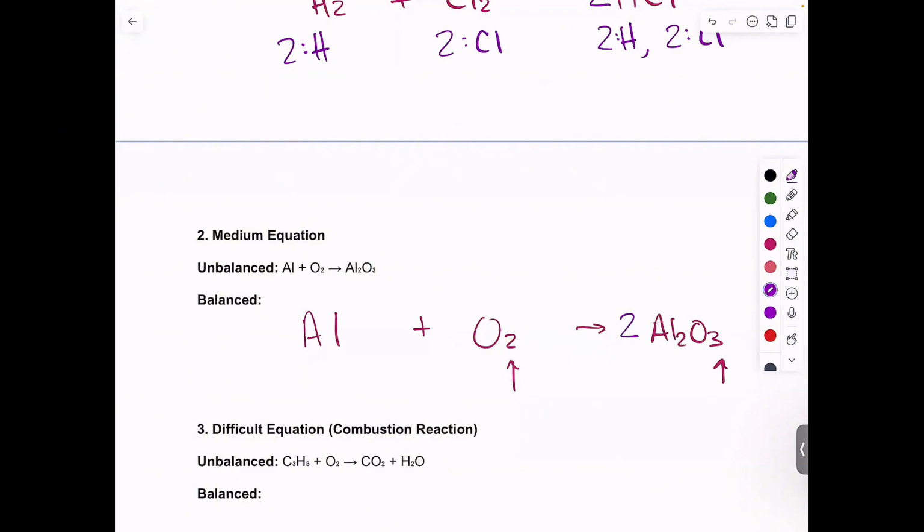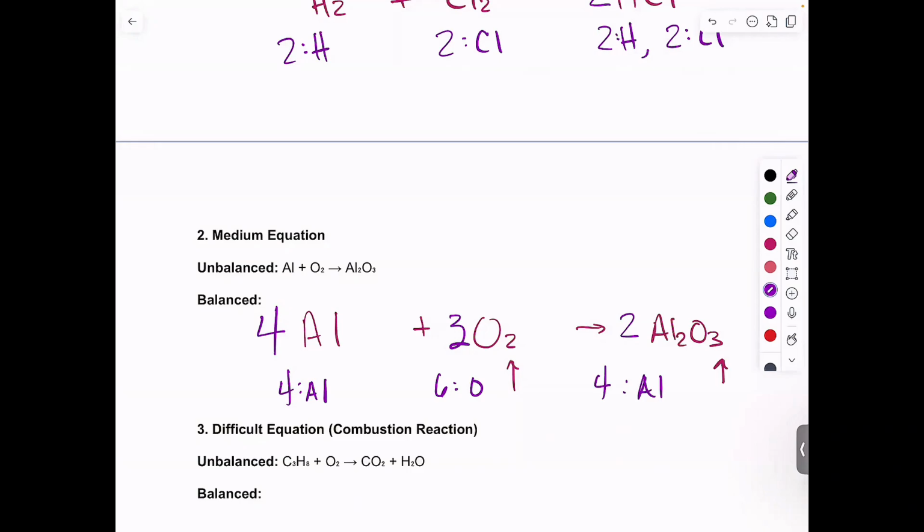And then, again, standalone elements last: aluminum and oxygen, they're separate and standalone. So I can say, all right, I need 4 of these aluminums to balance out, and then 3 of those oxygens. So I will then have 4 aluminum, 6 oxygen, and of course, 4.